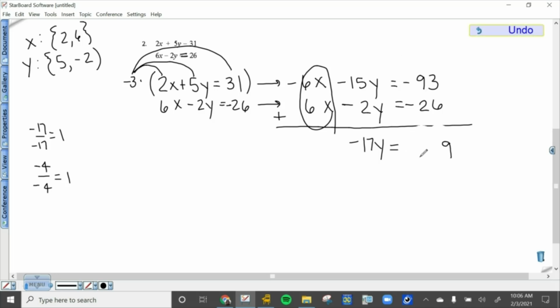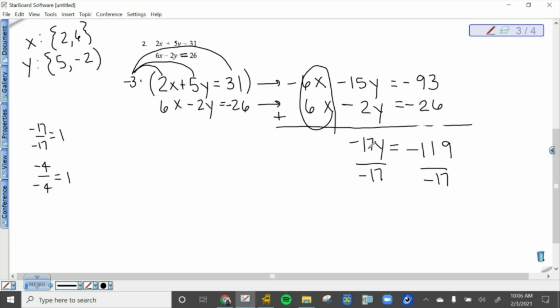Negative 93 minus 26 is negative 119. When they're both negative, you can just add the numbers together. 3 plus 6 is 9, 9 plus 2 is 11. Negative 119. All right, now let's try this. I don't know if negative 119 is a multiple of negative 17, but let's find out.